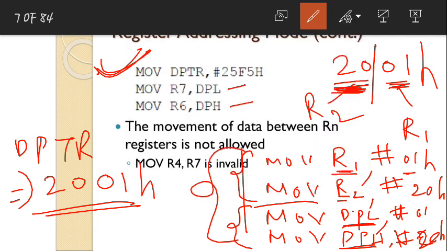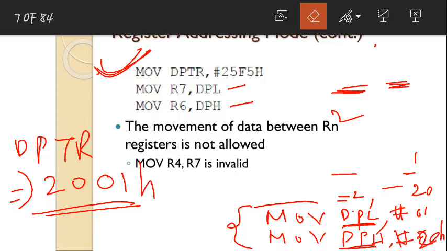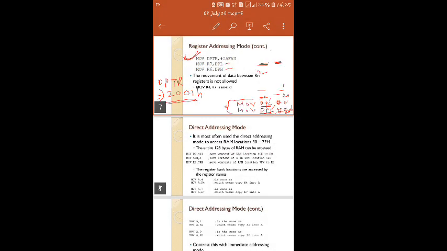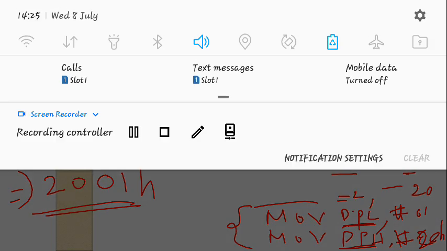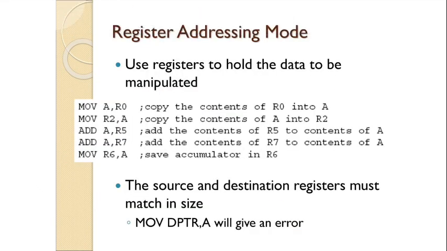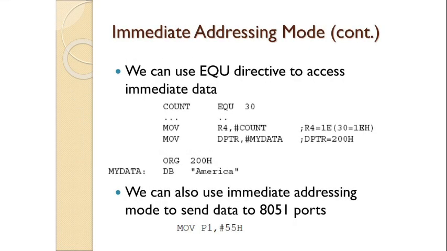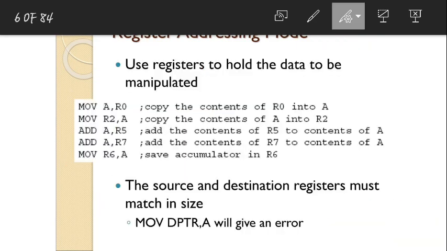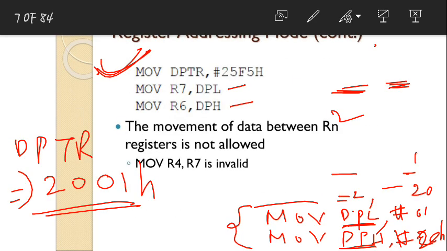Okay, so if I write only these 2, yeah, see in this if I want to write this 2001 in immediate addressing mode, this will be.